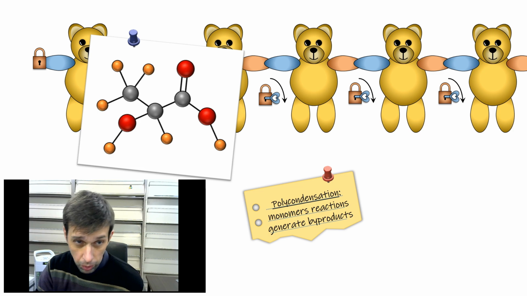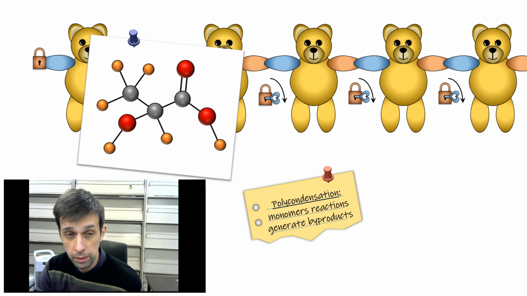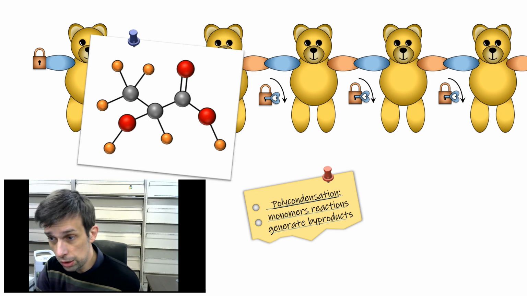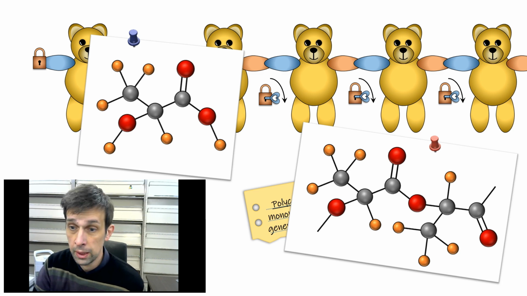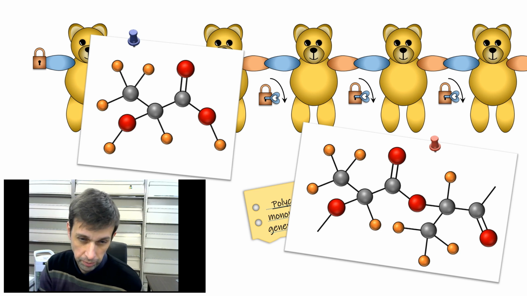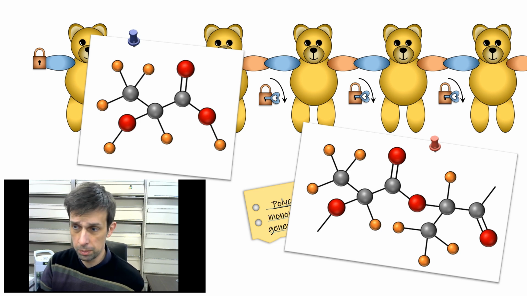This is, for example, lactic acid, and if we get rid of one OH and one H, we can connect it to another lactic acid, forming this polylactic acid, which is the material which constitutes the filaments of your home 3D printers, for example, polylactic acid, PLA.